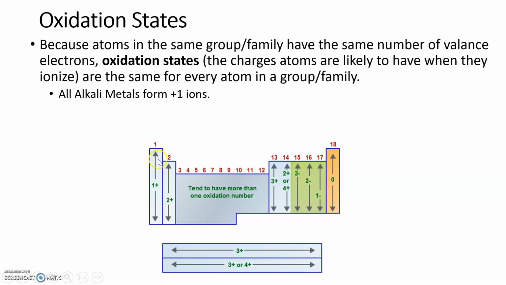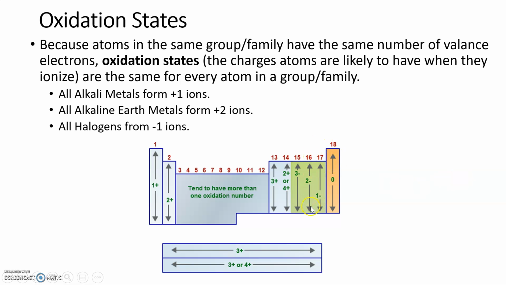Every single one of them is going to lose just 1 electron to get back to P6, so they're all going to have a positive 1 charge. The alkaline earth family, group 2 here, all have 2 valence electrons. They're going to give up 2 electrons to get back to that P6.